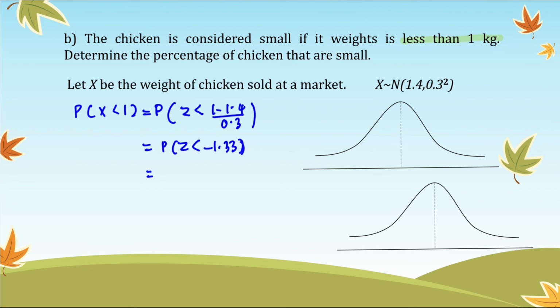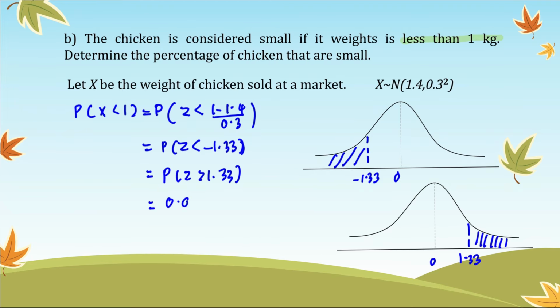From the graph, negative 1.33 is on the left side. So we can find the area under the curve by using P(Z greater than 1.33). Read from the table. The value will be 0.0918.